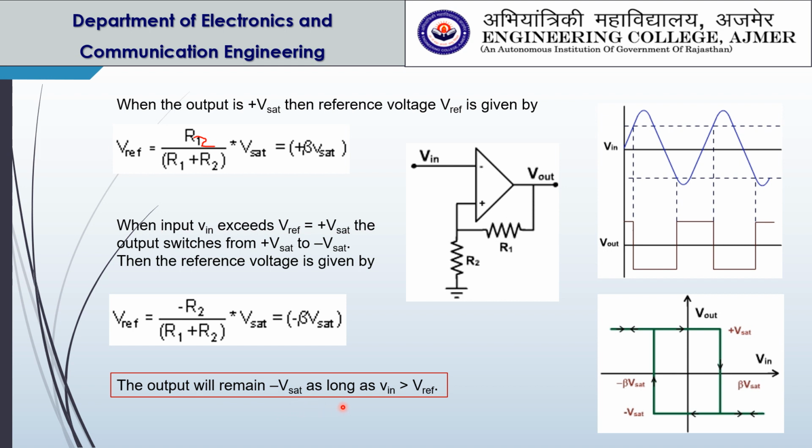Now if Vin becomes less than or equal to V reference, that is, Vin becomes more negative than V reference, again the output switches to plus V sat, and so on.